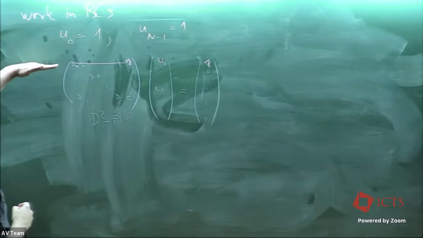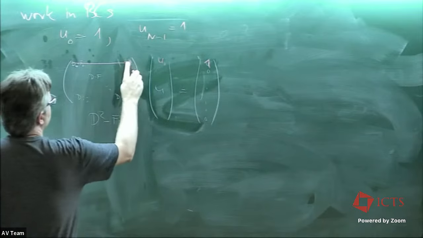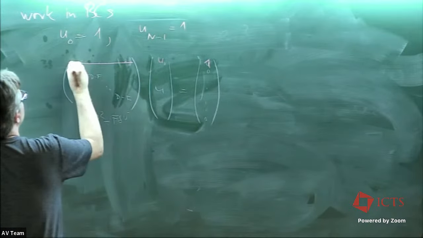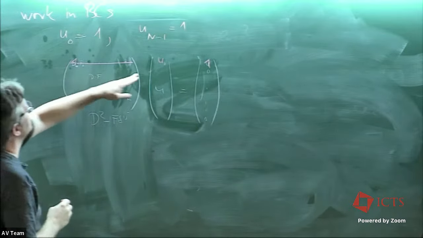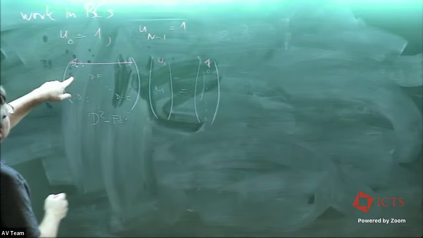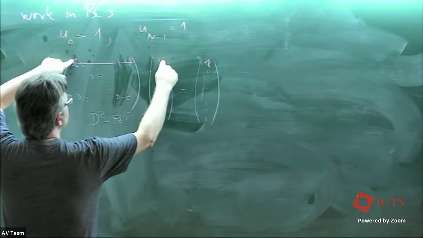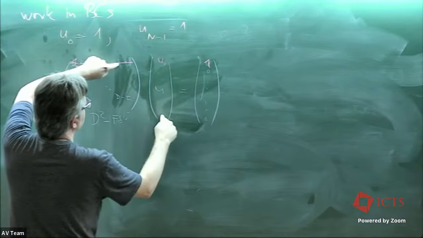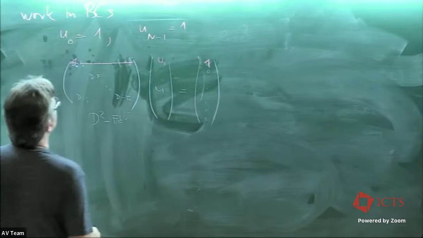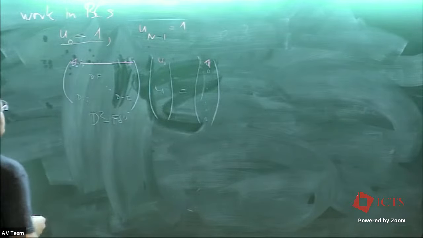So now the first line of my equations is actually wrong because the 1 needs to be over here. This is the number that goes with u1. The first line of the equation is u0 plus nothing else equals 1. And this is precisely our boundary condition.